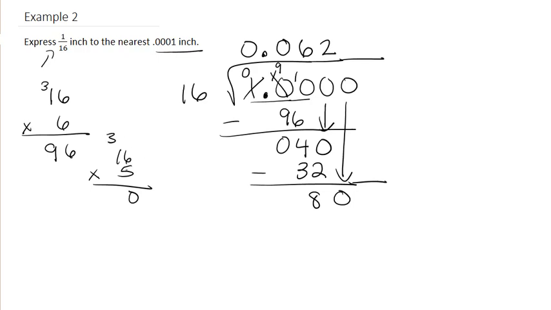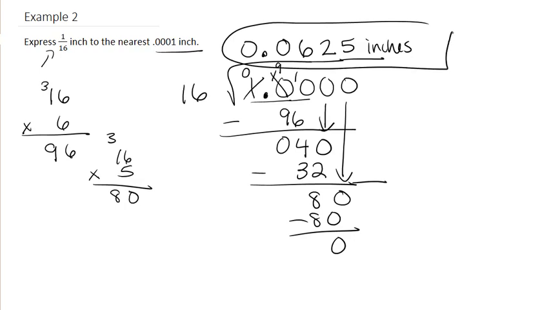Carry the 3. 5 times 1 is 5, plus 3 is 8, so 80. So now we have 16 times 5, which is 80. We'll subtract and we get 0. So to the nearest 0.001 inch, 1/16 is 0.0625 inches.